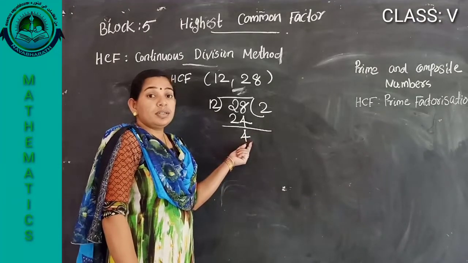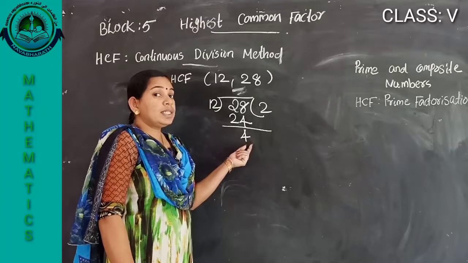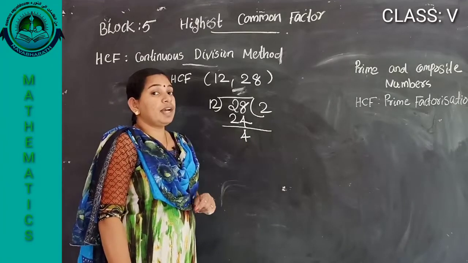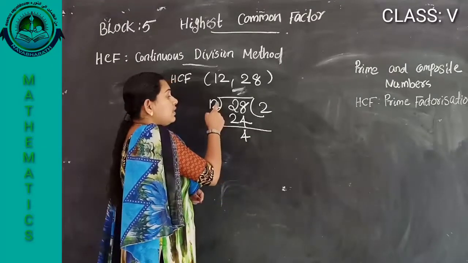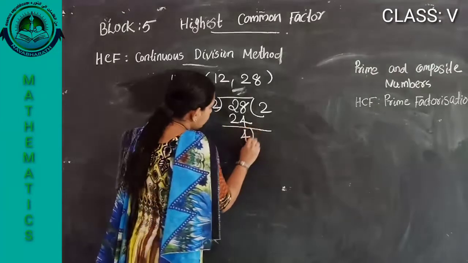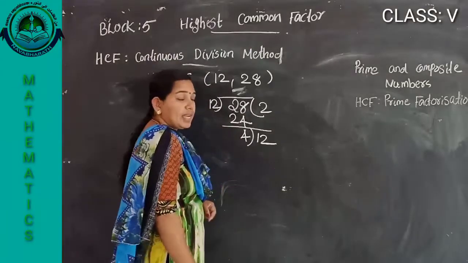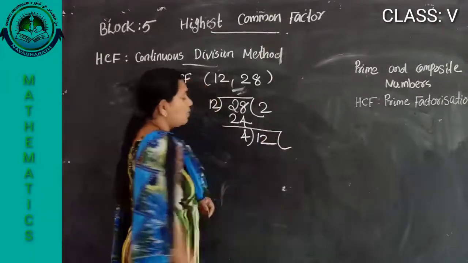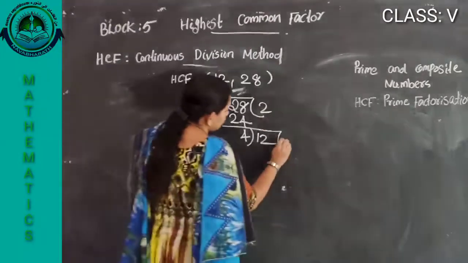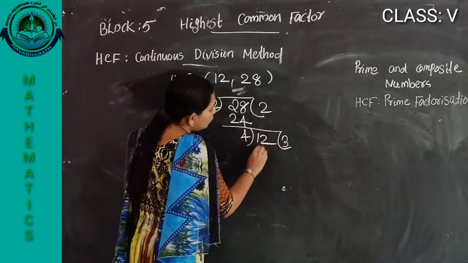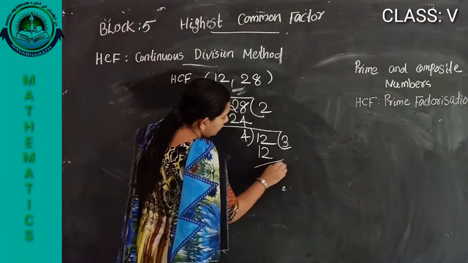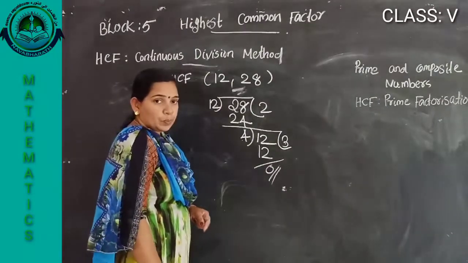For the next division, which is the dividend and which is the divisor? This divisor is now the dividend, 12, and this remainder is the divisor. In 12, how many 4s are there? 3. 3 into 4 is 12. We reach remainder 0.